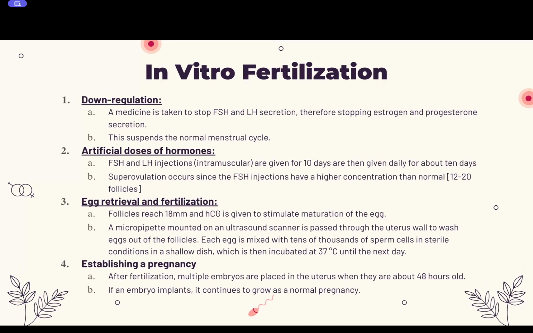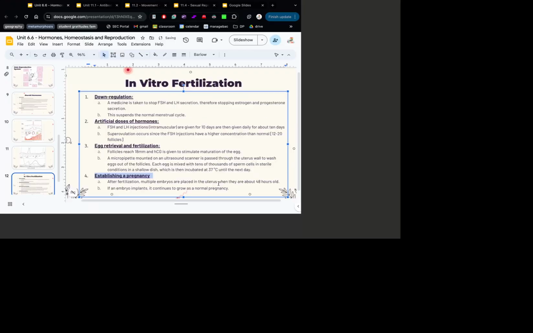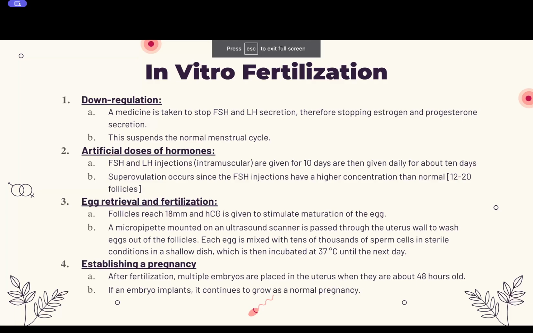Okay, so in vitro fertilization has 4 steps: downregulation, artificial dose of hormone, egg retrieval, and establishing a pregnancy. So the first is downregulation. This occurs right after you've decided to go through in vitro fertilization.